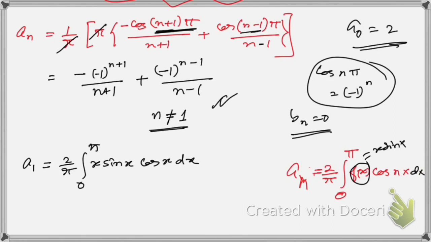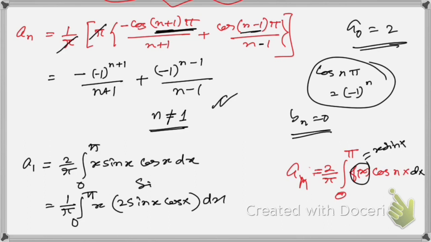Now here, 0 to pi, let us make it 1 by pi, then x into 2 sin x cos x dx, and 2 sin x cos x is sin twice x, right?